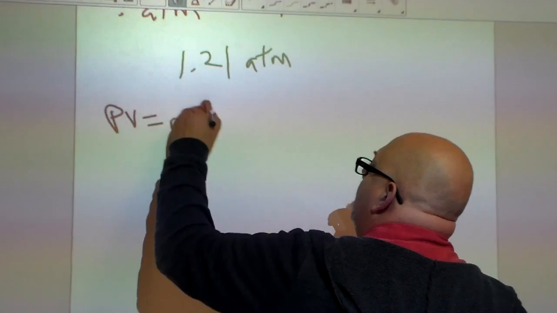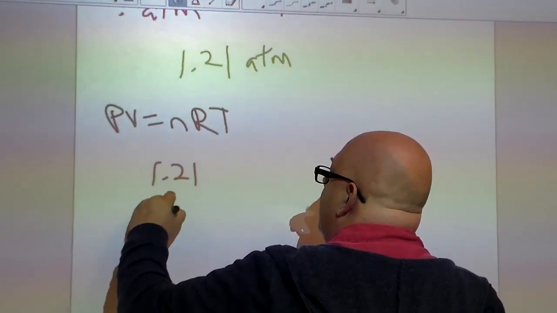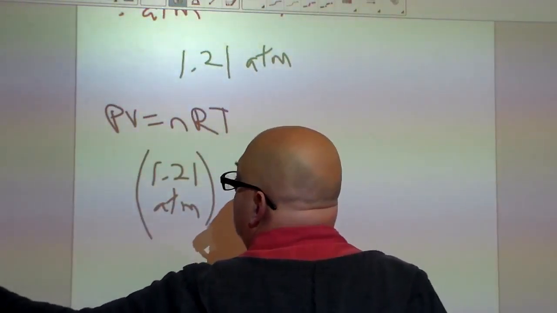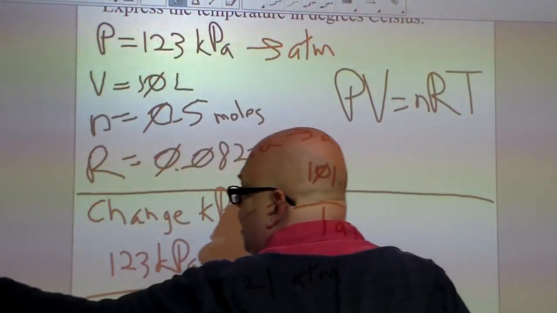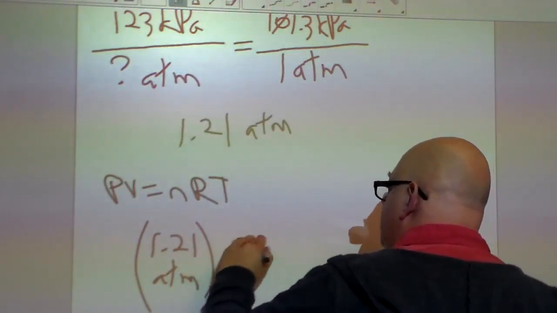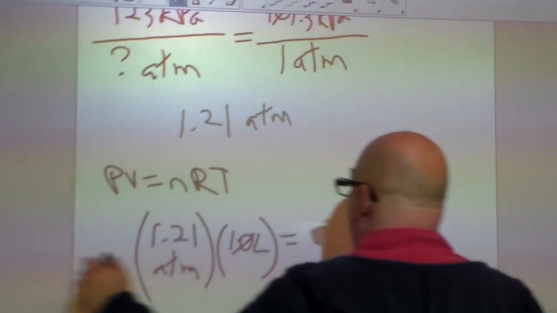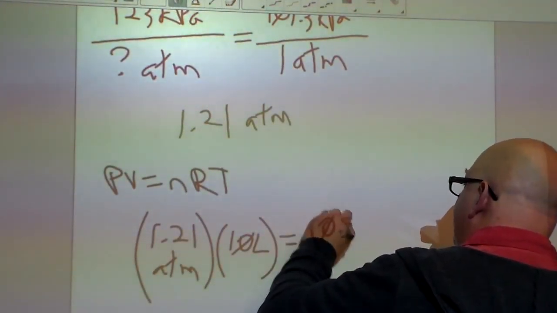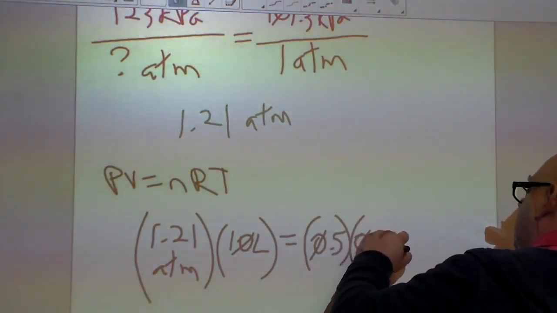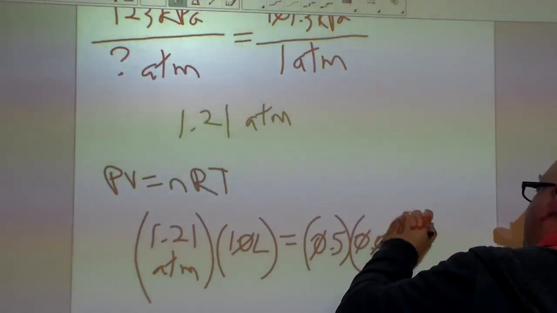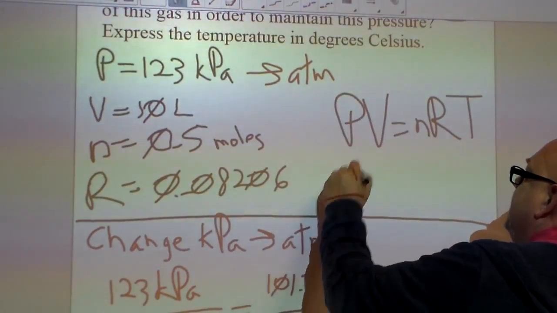PV equals nRT. Well, what's our pressure? Our pressure is 1.21 atmosphere multiplied by, what's our volume? Well, our volume is 10 liters. Okay, so we'll have a volume of 10 liters is equal to, well, they said half a mole, I believe. Yep, half a mole. Okay, so 0.5 moles multiplied by R, which is our 0.08206, multiplied by T. Wait.